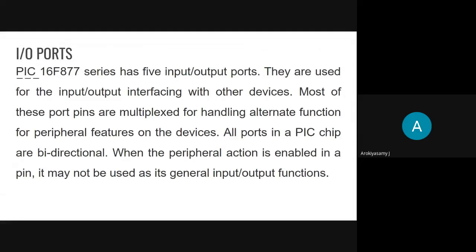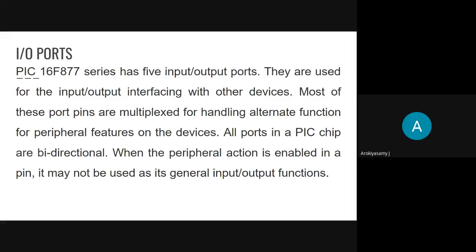Most of these port pins are multiplexed for handling alternate functions, which we have already seen in the table as well as in the pin diagram. This kind of multiplexing is used to handle alternate functions for peripheral features on the devices.